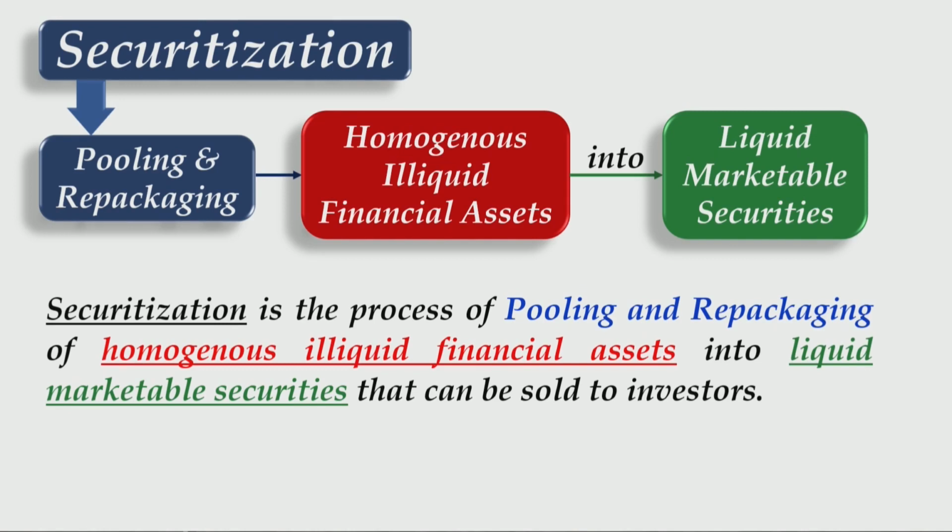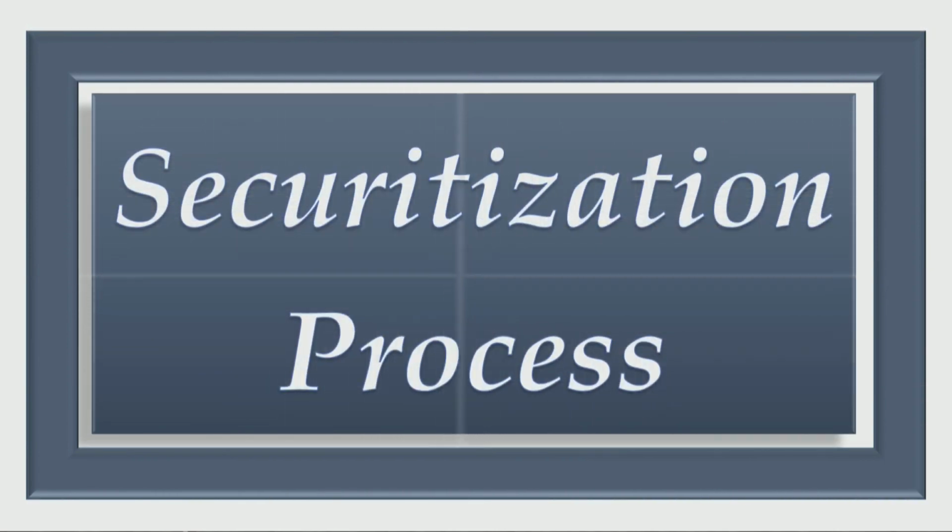Alright friends, after writing this definition, let us try to understand in detail the process of securitization. The securitization process, as I have explained, begins with a borrower approaching a finance company or a bank for borrowing money, of course. This borrower has a property.